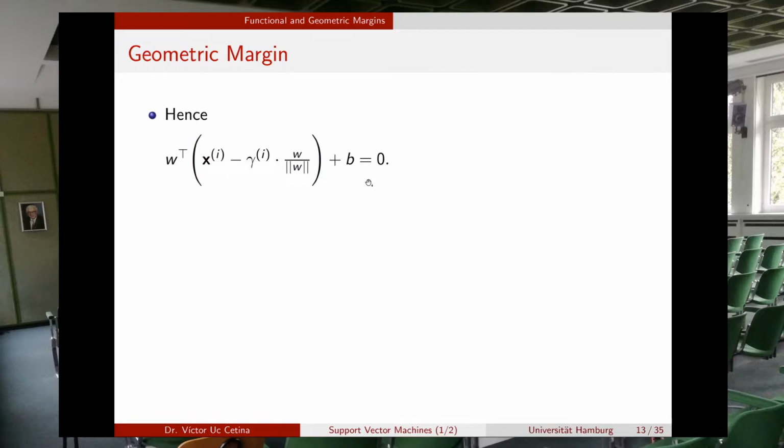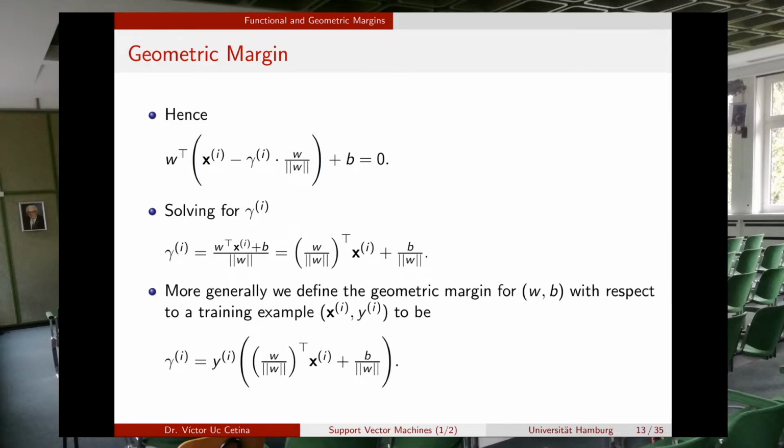This is true because we constructed this point b to be on the decision boundary. So if we compute this product here and we solve this equation for gamma, moving gamma to the left, we will get this result. Okay, and rewriting that like this, we get the final definition of a geometric margin.